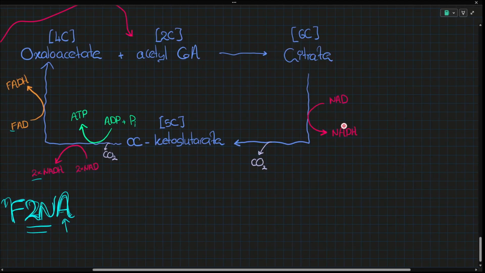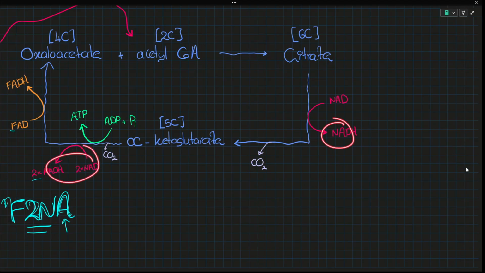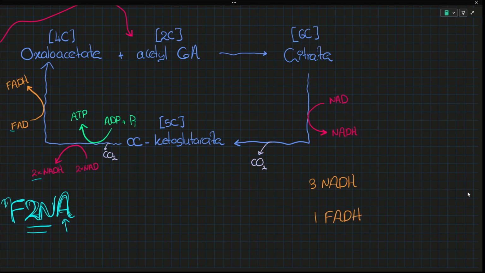Overall, we can see this 1 and 2. So that is a total of 3 NADH molecules. And then we have produced one FADH molecule in the process, right over here.